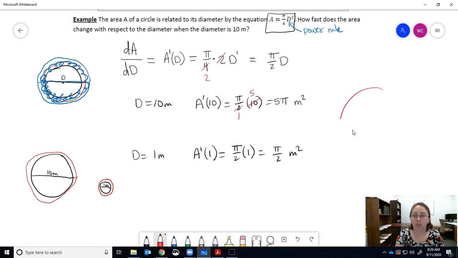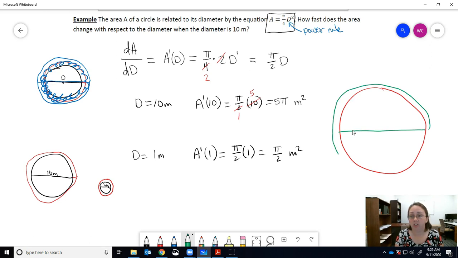The bigger your circle gets, the bigger your diameter gets, the bigger the change you would see in your area if your diameter were to change. So hopefully that helps you understand what's happening here.